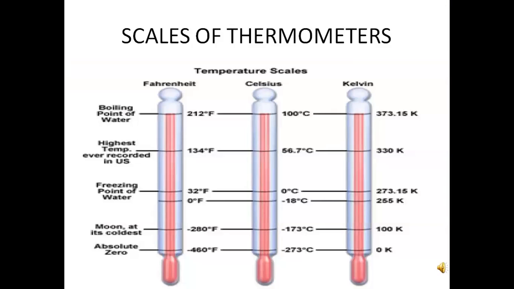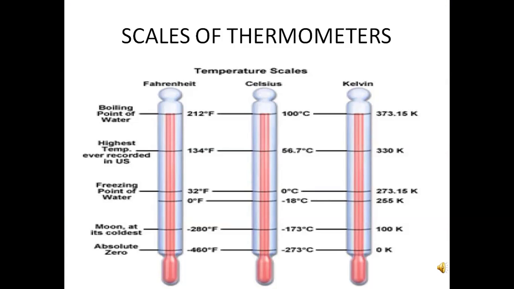Next, scales of thermometers. There are 3 scales of thermometer: Celsius scale, Fahrenheit scale, and Kelvin scale. In these 3 scales, we are using mercury or alcohol. So, boiling point of water in Fahrenheit scale is 212 Fahrenheit.